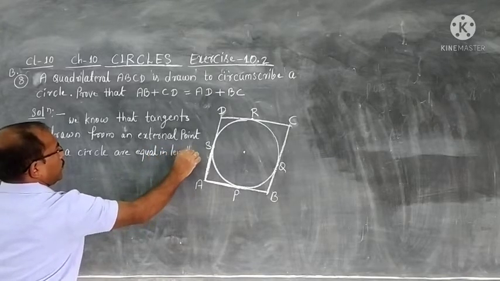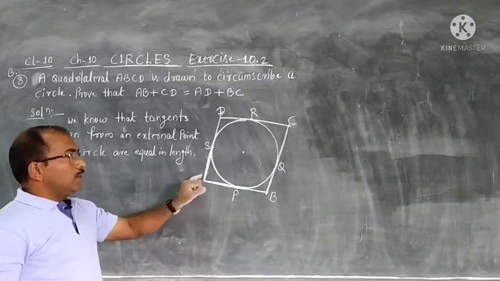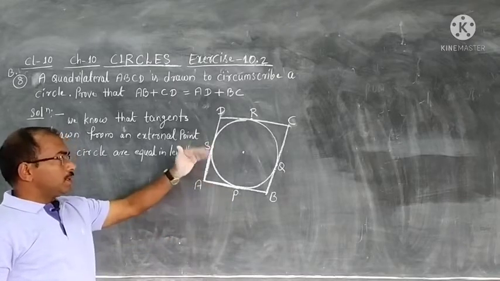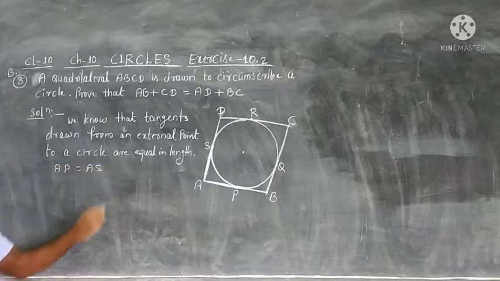This property we know. Once this property is in mind, then only we can do this work. Point A is an external point, AS and AP will be equal. So we can write AP is equal to AS.